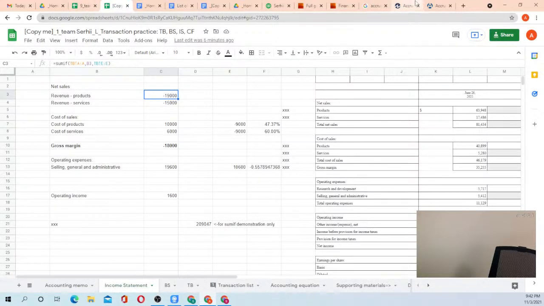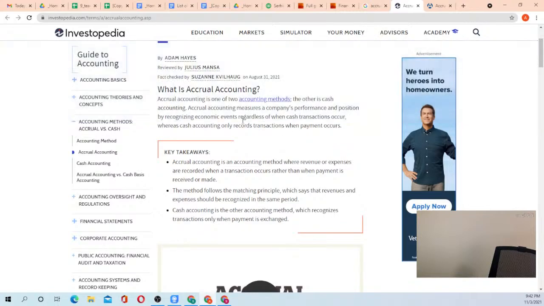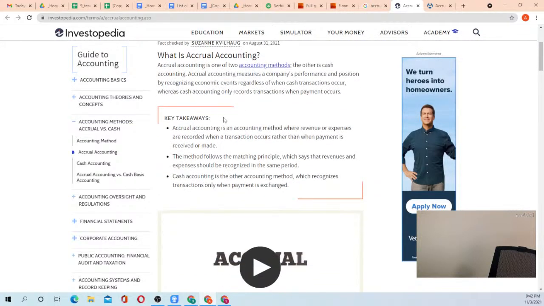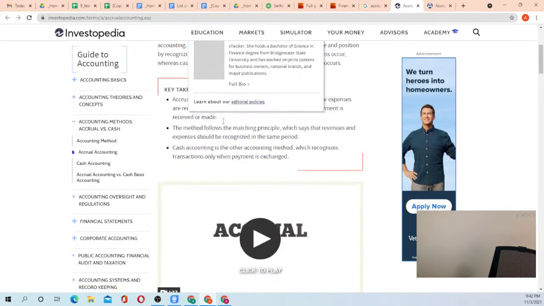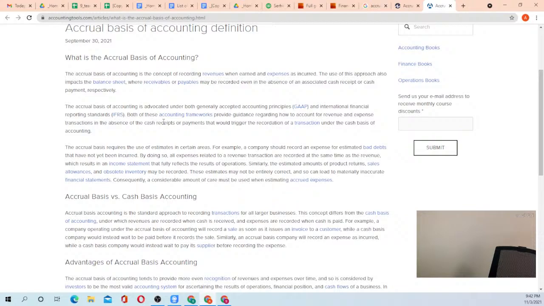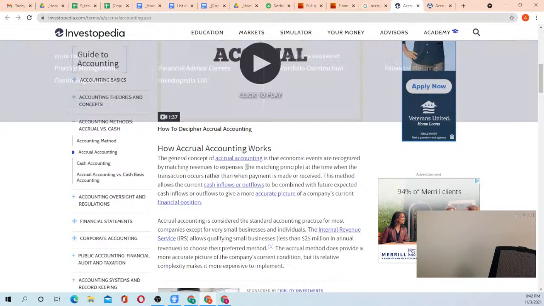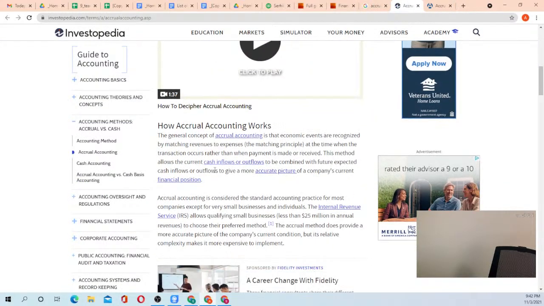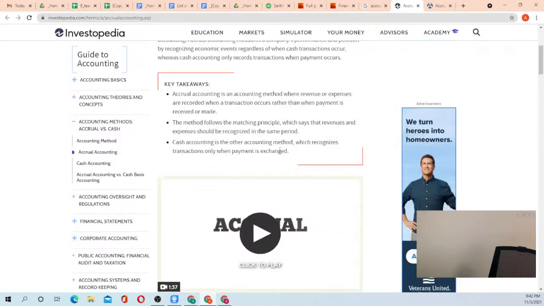And that's called the cash basis of accounting. Let's see if they have a definition here, or maybe links to cash accounting. Okay, no definitions.